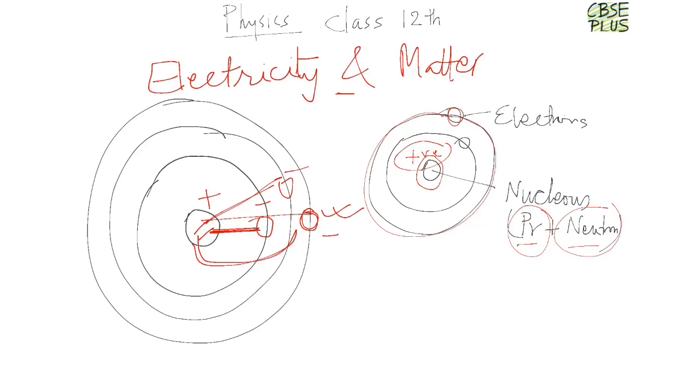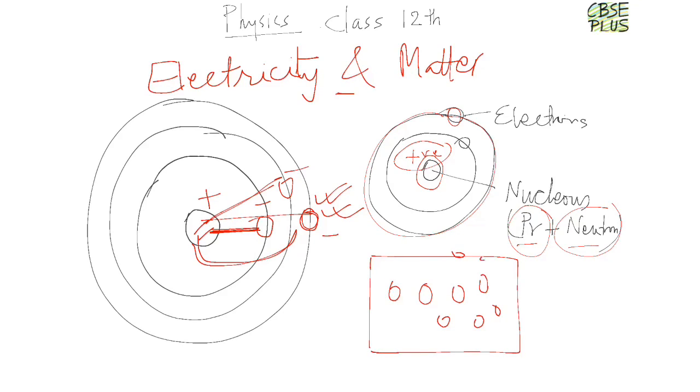Now an object is made up of many atoms, which means there are a number of electrons as well. The outermost electrons of the atoms easily slip out and move at the edges of the object. Take any object, maybe your mobile phone.